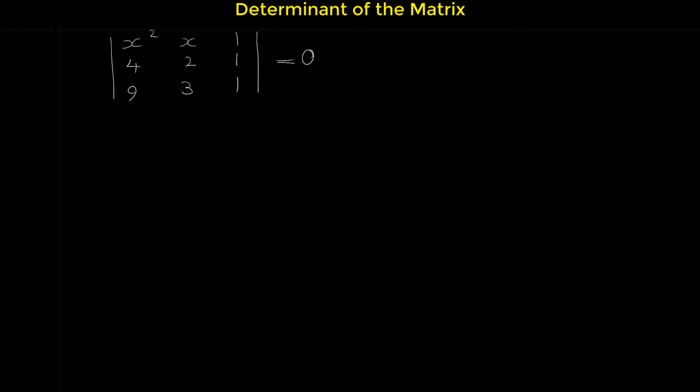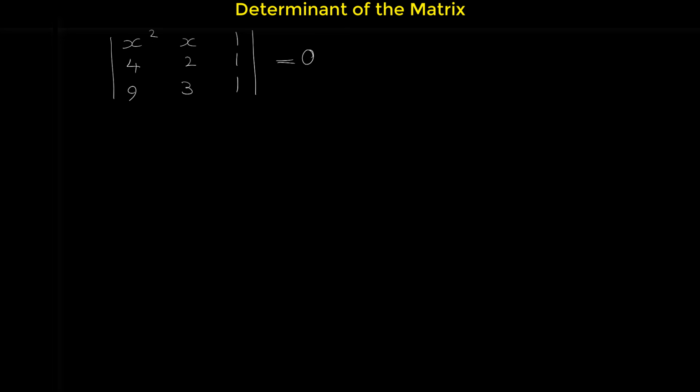Note that this is not a matrix because we have vertical lines, not square brackets like this. This is a determinant, and we know that a determinant is just a number. We want to find the value of x that makes this determinant equal 0.